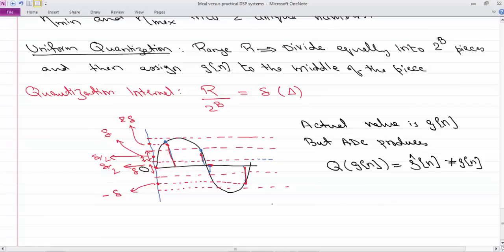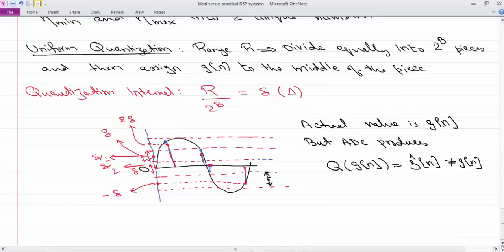The maximum error will be that, so let's focus on this region. This is a region of size delta. Now, the maximum error will be that you are very close to this endpoint, but you recorded delta by 2. Because if you are anywhere closer to delta by 2, your error is going to be smaller.